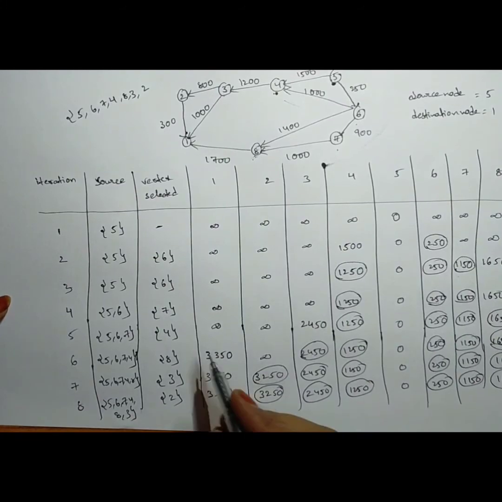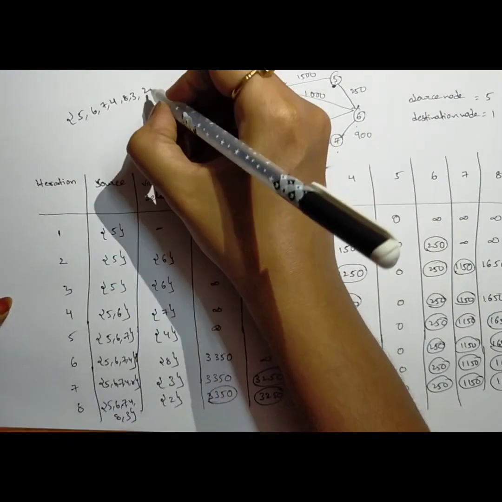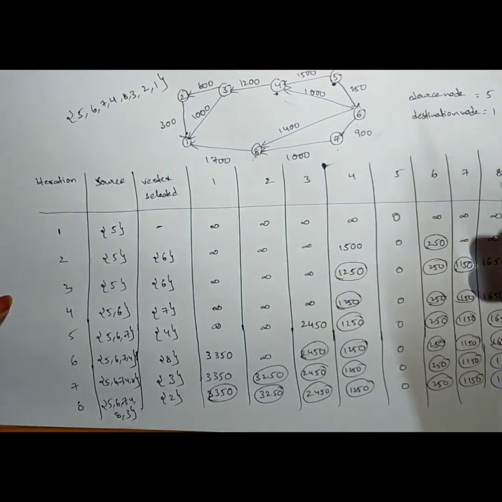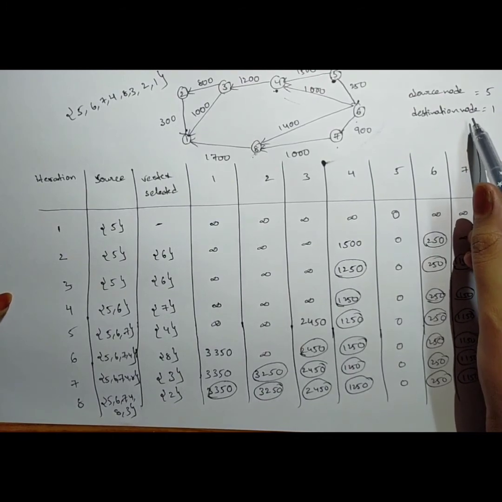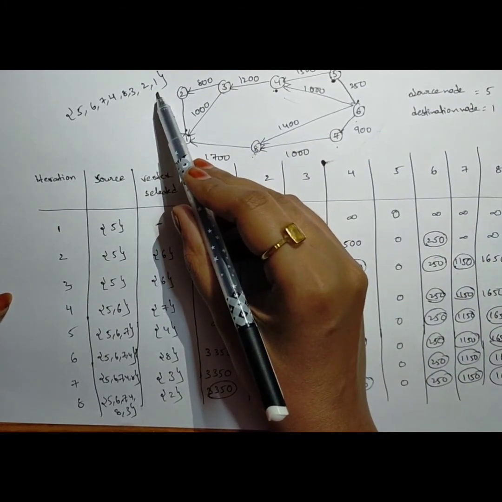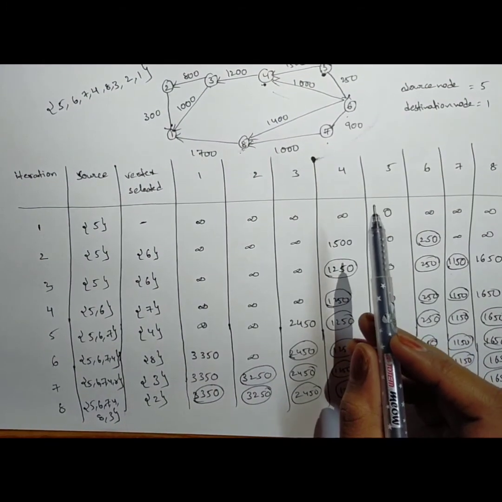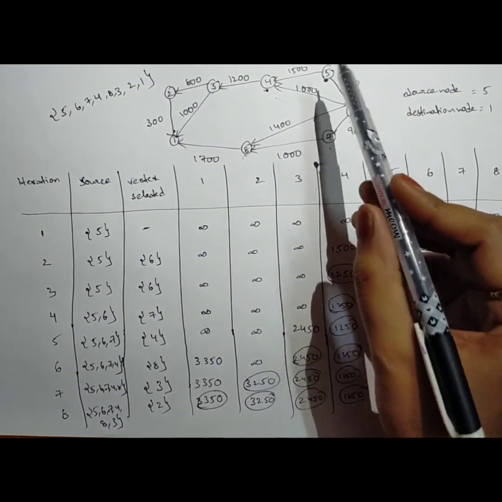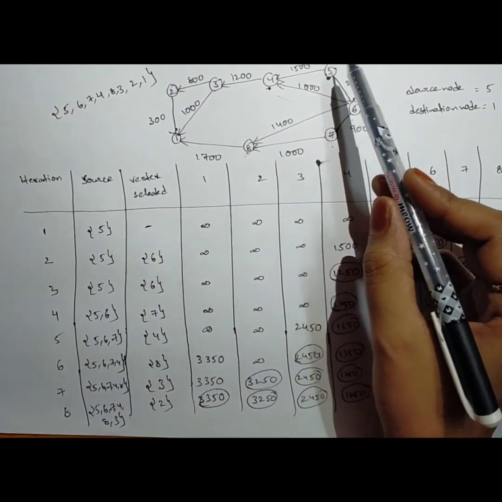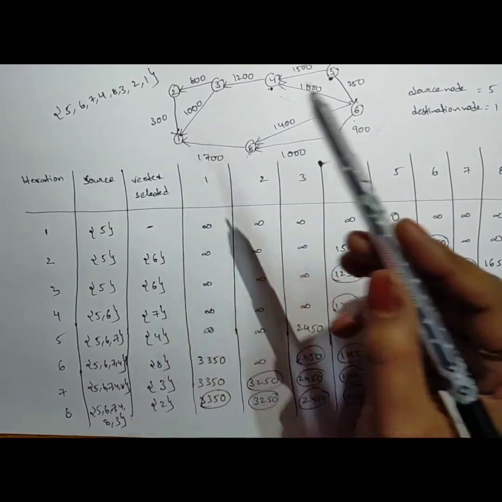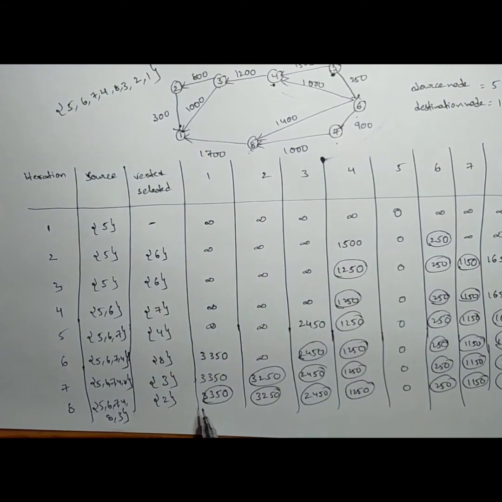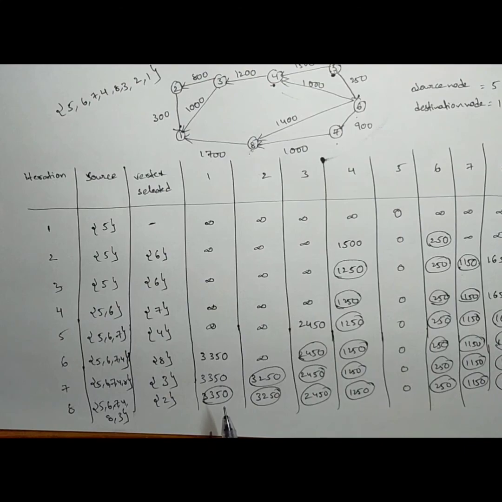Now I am adding 1 to this. As the destination node is 1, we have reached the destination node. So the shortest distance to travel from the source node 5 to destination node 1 is 3350. This is how the single source shortest path problem can be solved by using the greedy method.